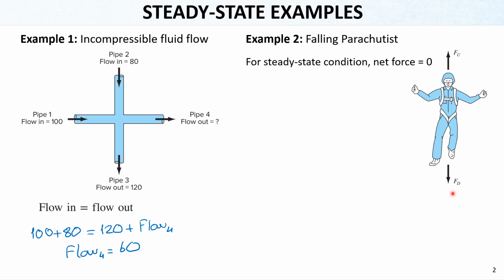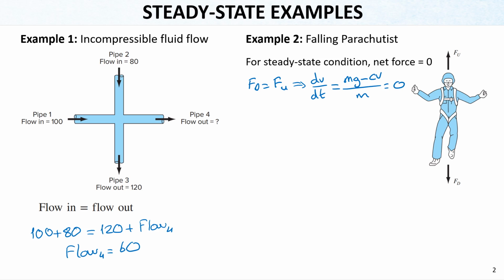That means the difference of these values is zero. If we assume that Fd is Fu, then dv over dt, the change, is zero. That means mg minus cv over m is zero.